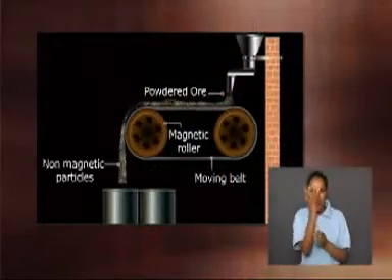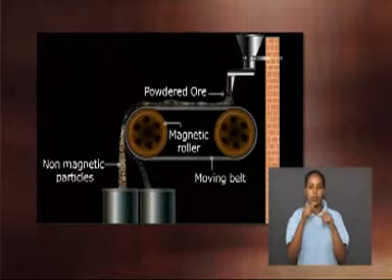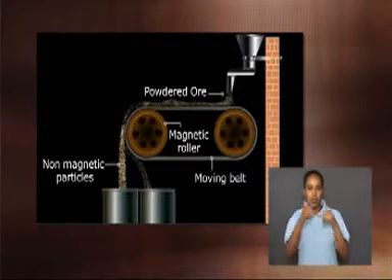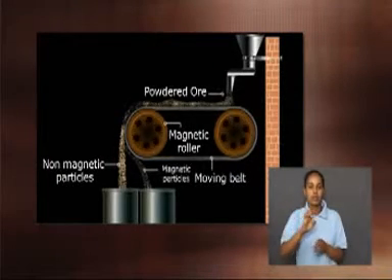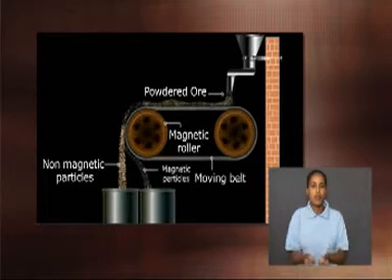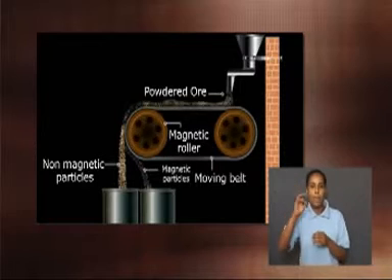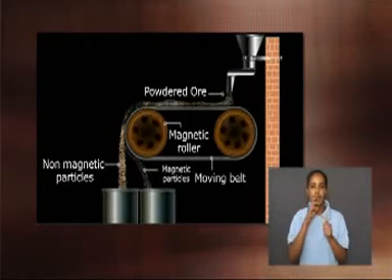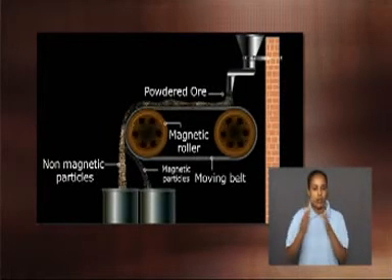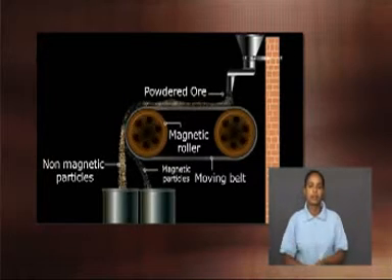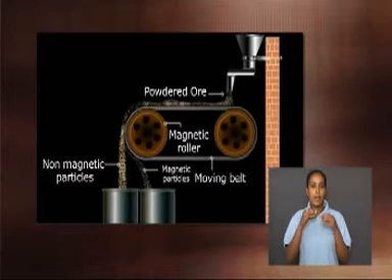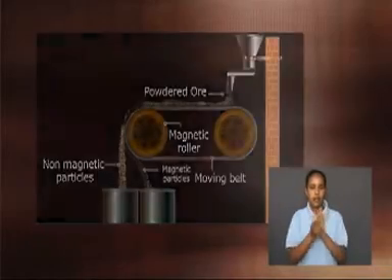Magnetic separation is another process used to separate gangue from ore. This is mostly used to separate ferromagnetic minerals, which are minerals that can be permanently turned into magnets. Mineral magnetite is one example.